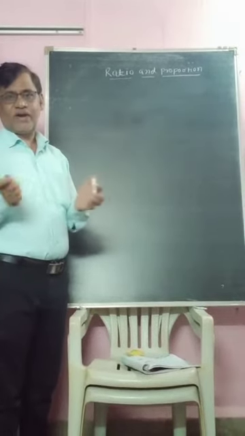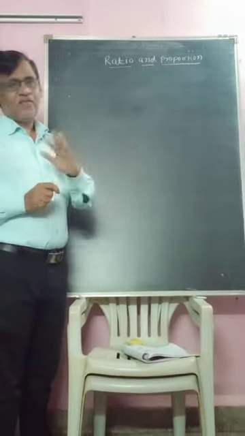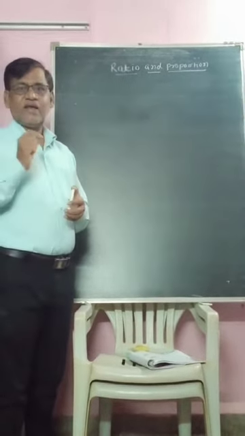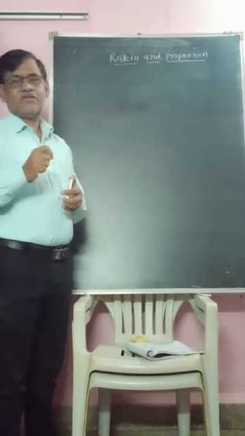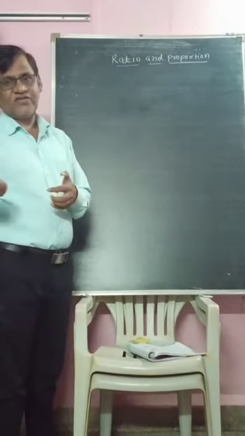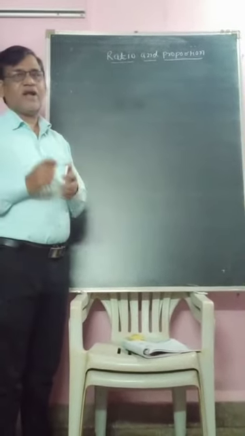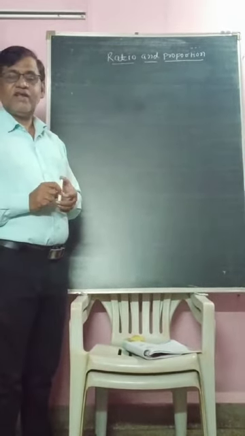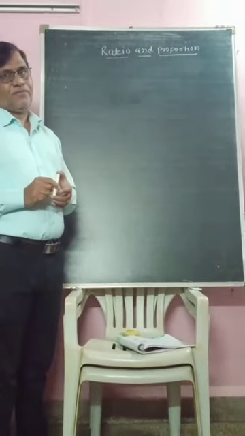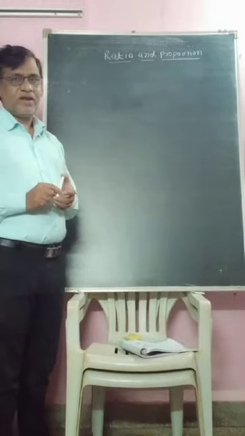It is not the same quantity. We can't compare these two quantities. We can only compare the runs of Tendulkar to the runs of other batsmen. So this is the condition when we compare: the quantities are the same and the unit is also the same. Then and only then can you compare.